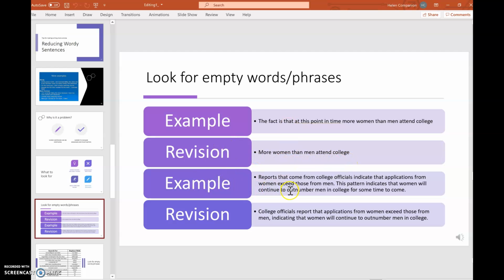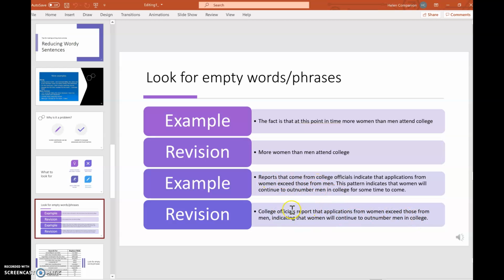Another example would be: reports that come from college officials indicate that applications from women exceed those from men. This pattern indicates that women will continue to outnumber men in college for some time to come. That's a lot of words. A revision that would trim that down could be: college officials report that applications from women exceed those from men.